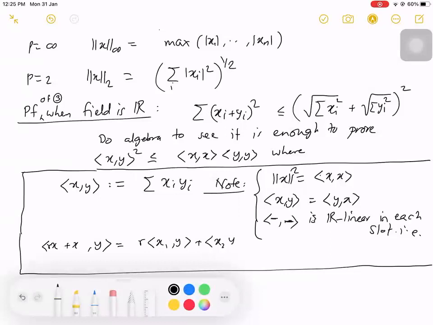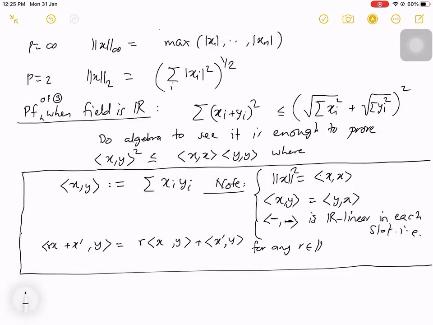Notational. So suppose x and x prime are vectors, and I take the linear combination r x plus x prime in the first slot, then I can break up the addition as well as pull out the scalar multiplication. So for any scalar r, any x and x prime in whatever R^n.